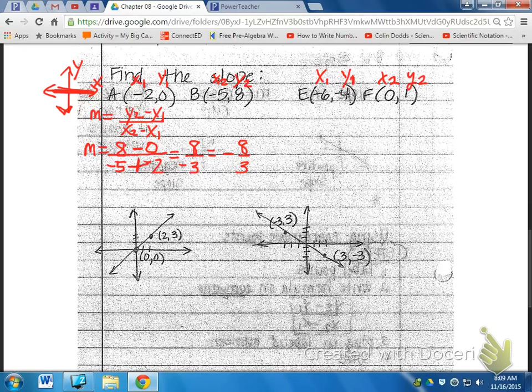So you've got a first point and a second point, and you label x1, y1, x2, y2. After you label your points on every problem, I'm going to require you to write m equals y2 minus y1 over x2 minus x1.